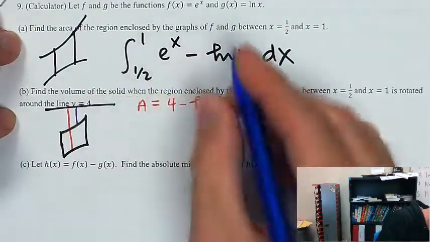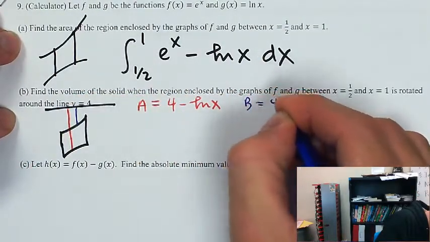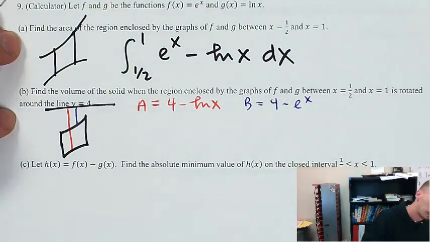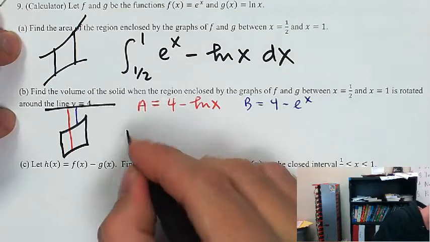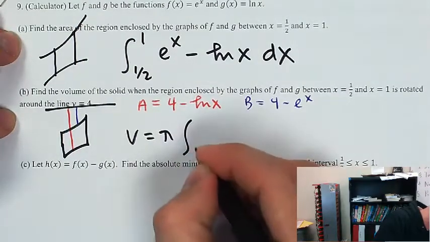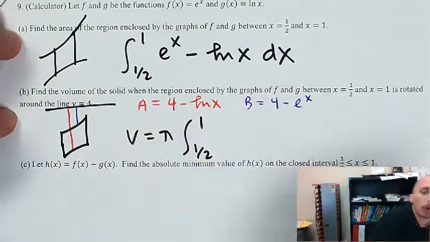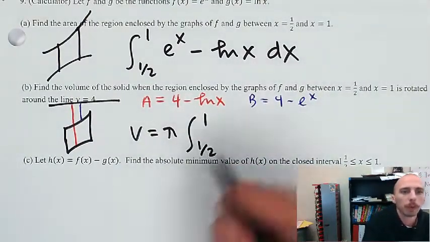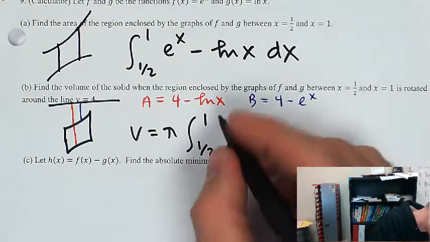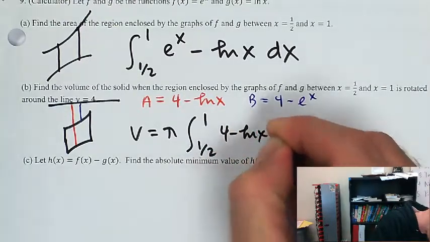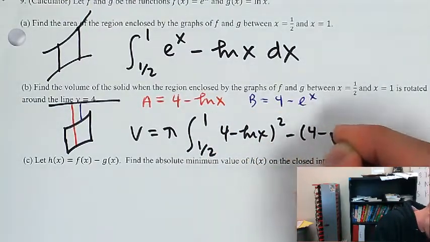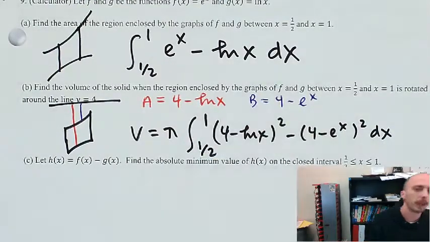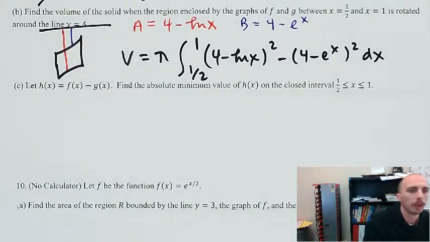Small radius, top is 4, bottom is e to the x. The volume is going to be pi times the integral as x runs from 1/2 to 1 of large radius squared minus small radius squared. So that's going to be 4 minus log x squared minus 4 minus e to the x squared dx. And you could do that on the calculator.